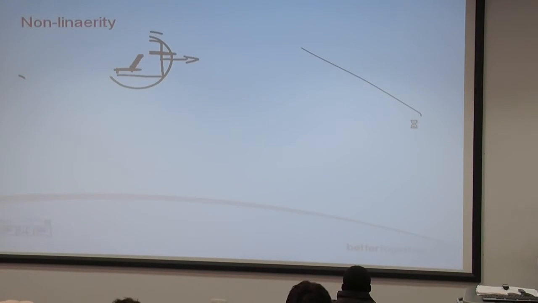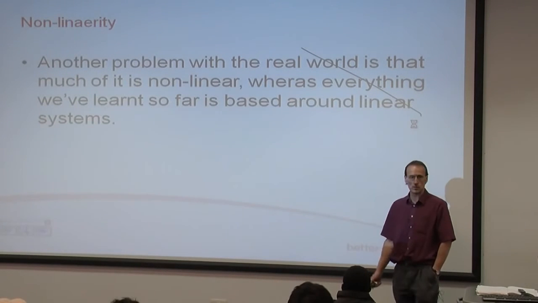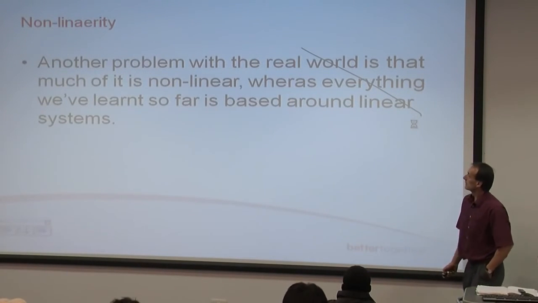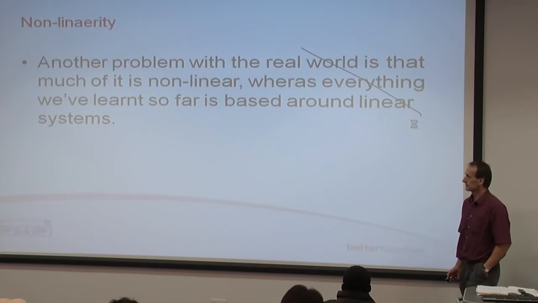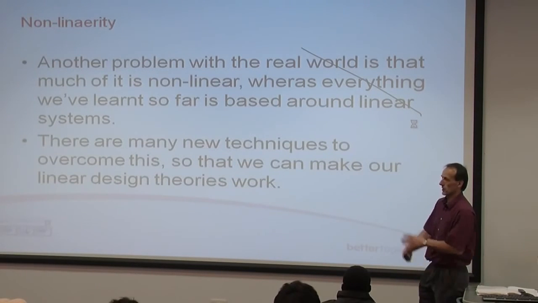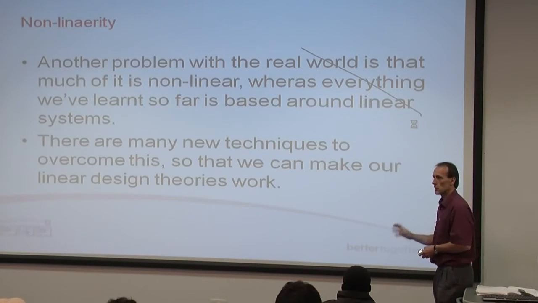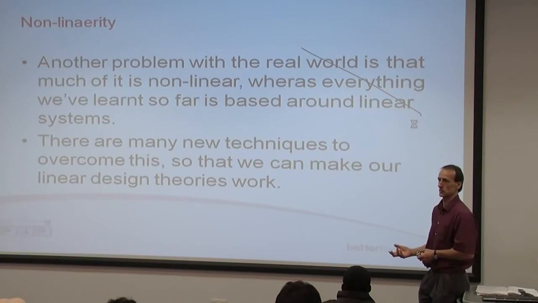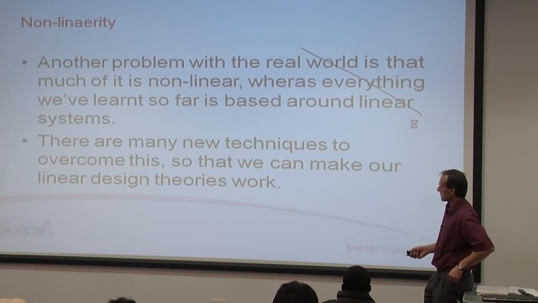So we need to come up with some way of dealing with non-linearities. Another problem with the real world is that a lot of it is non-linear, whereas everything we've learned so far is based around linear systems. So we've got lots of new techniques to deal with the non-linearities that we find in the real world. We can make linear design theories work.